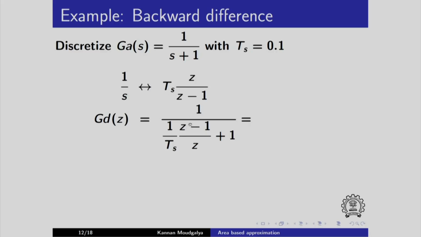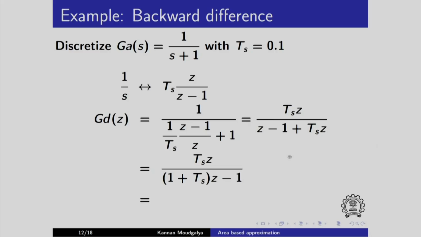So for s I need to take the reciprocal. Let us simplify this, group the terms. So 1 plus Ts into z minus 1 and let us substitute the values. So here it is 1.1 divided by 0.1, so which will be 11 here and minus 10 here. So 11z and minus 10.